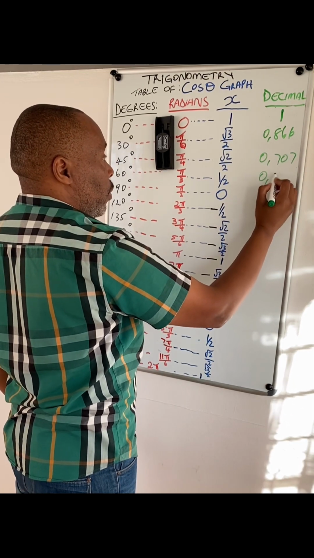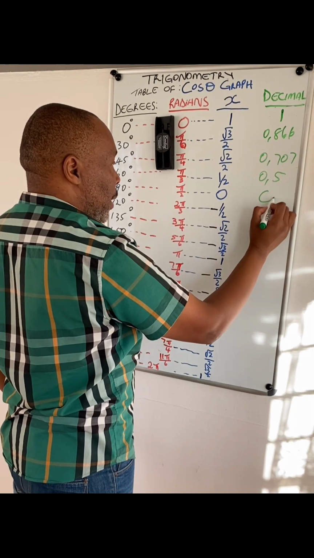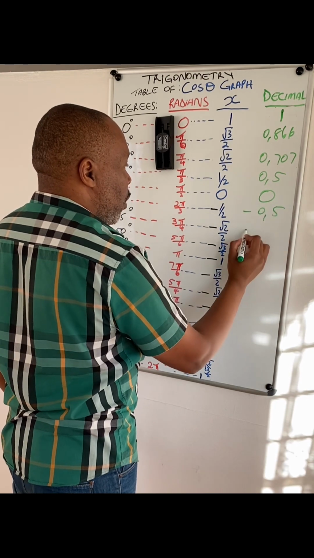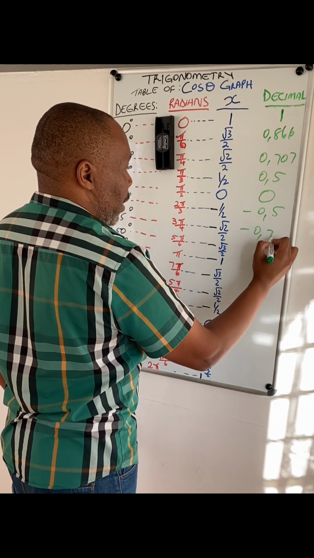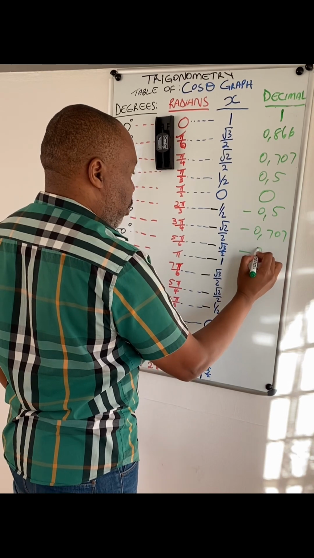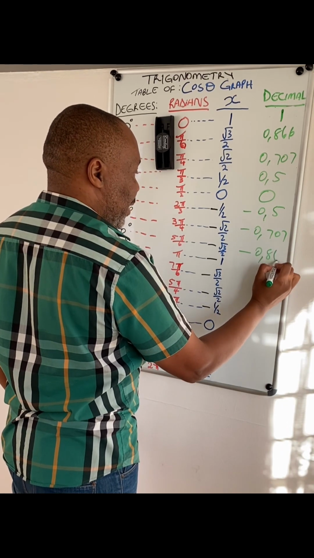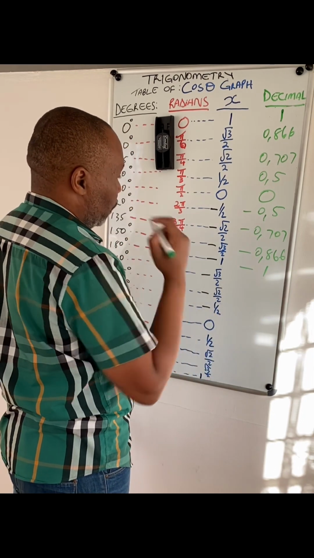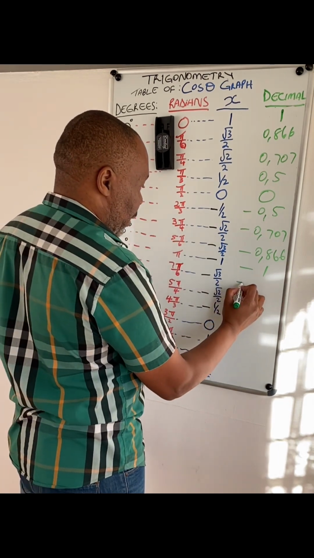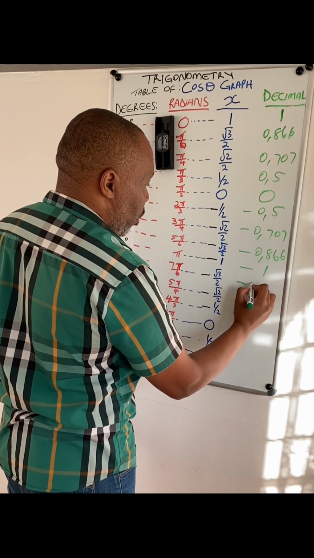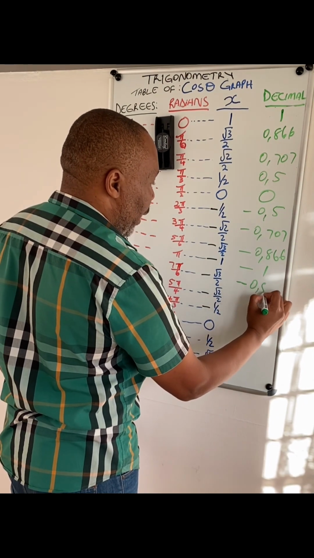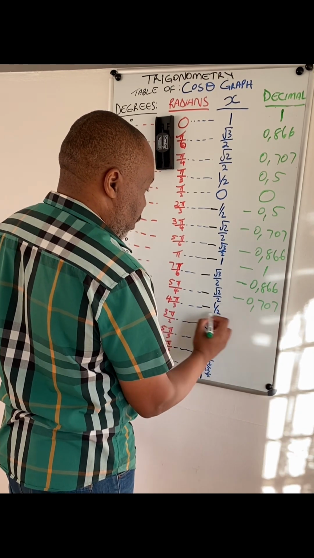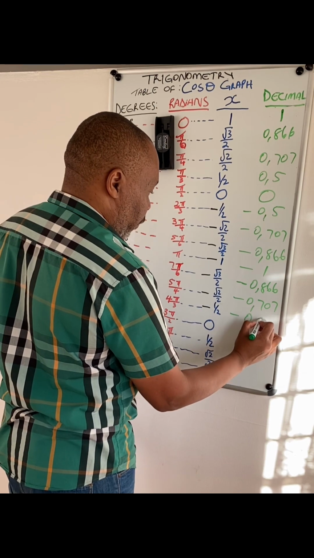At half, it's 0.5. 0 would remain 0. Now it's minus 0.5, minus 0.707, minus 0.866, minus 1, right? And then minus 0.866, minus 0.707, minus 0.5.